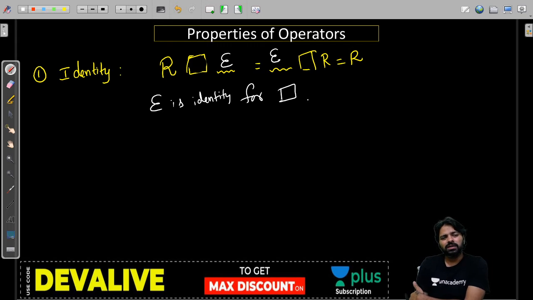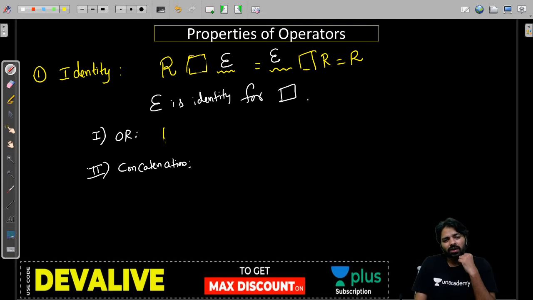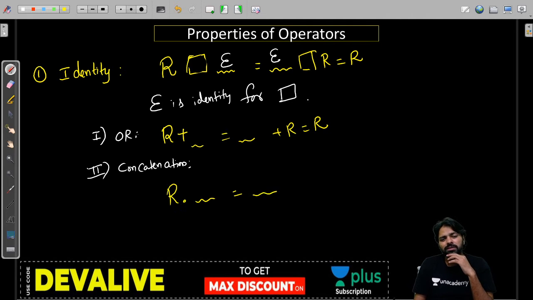Okay. Now you need to work with 2 things: union operation and concatenation. Union we call in set theory; here we have another name, R, which is also called union here. And another one is concatenation. Tell me guys, what is the identity? R plus something is equal to something plus R is equal to R. And for concatenation, R dot something is equal to something dot R is equal to R. That box is either plus or dot.